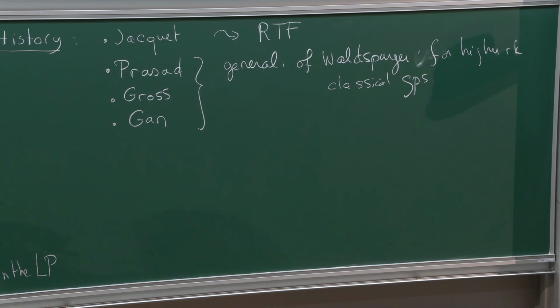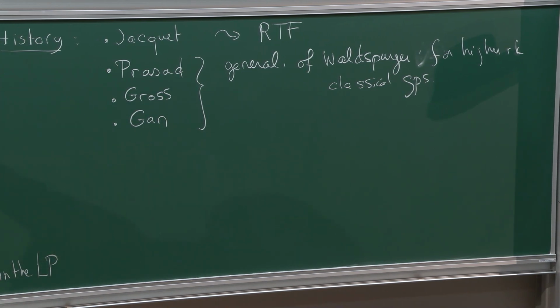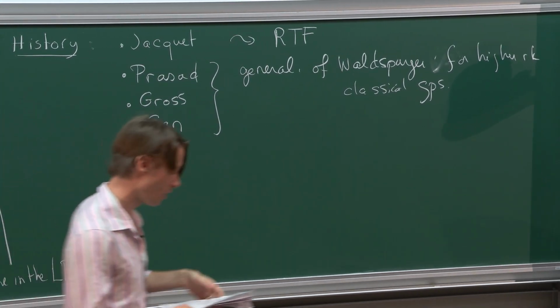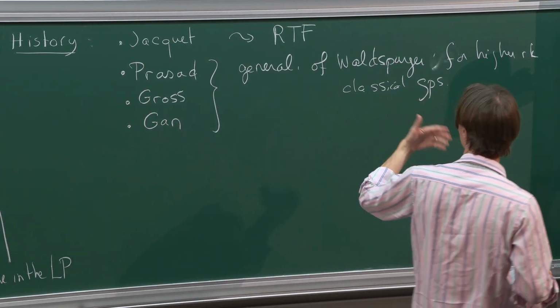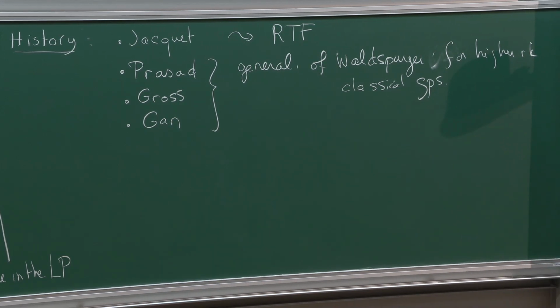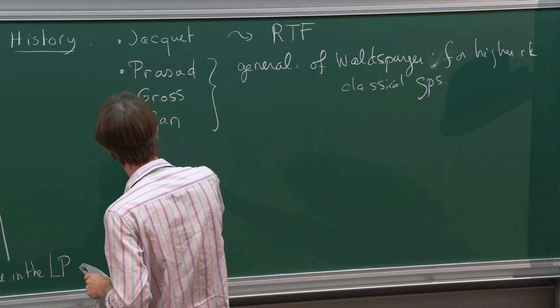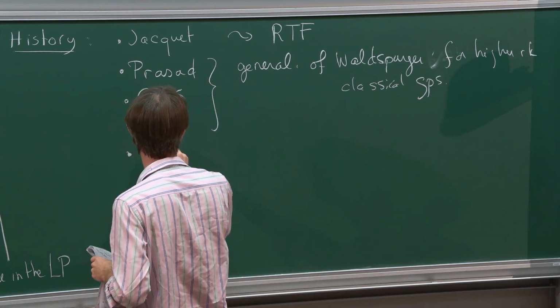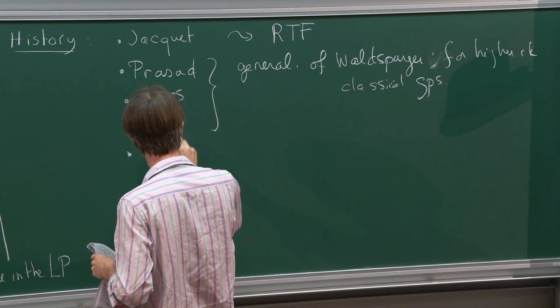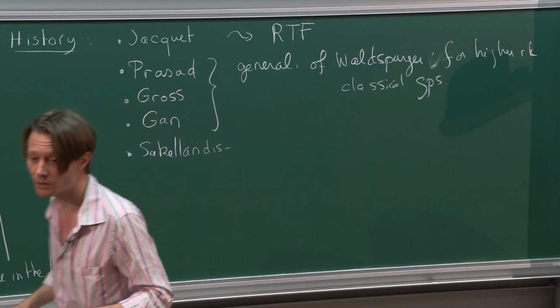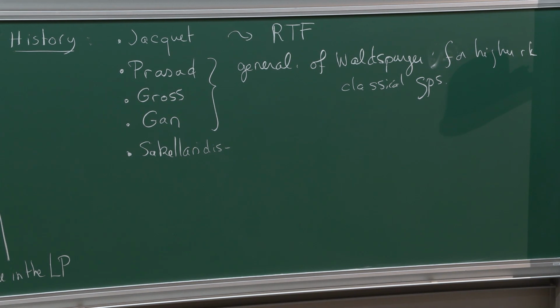But at this point of the story, most of the relative Langlands program was only developed through examples. Also, we had the beginning of some general machinery appearing. And it is only relatively recently, so approximately 10 years ago. Yes? There are a lot more people. Yes, of course, I said it's a quick and partial story.